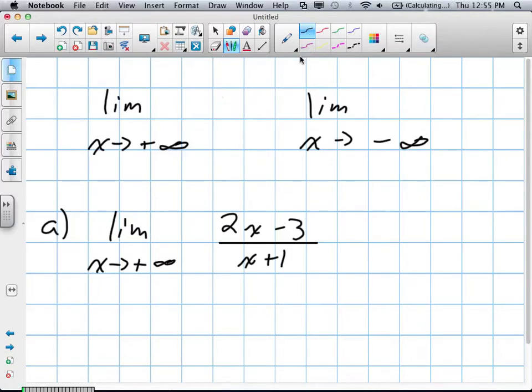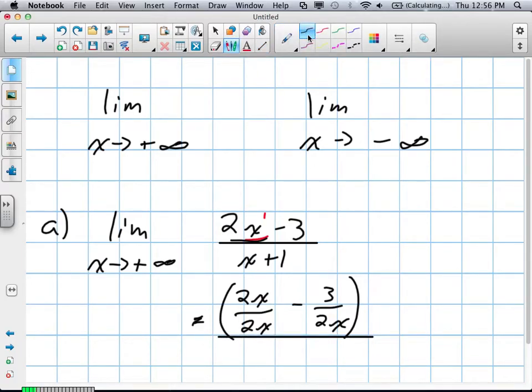The degree of the highest term is our x to the power of 1. Because there's a 2 attached to it, we're going to take 2x out: 2x divided by 2x, negative 3 divided by 2x. That's the top of the fraction.